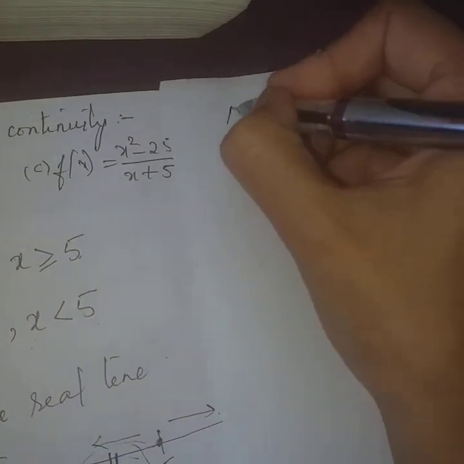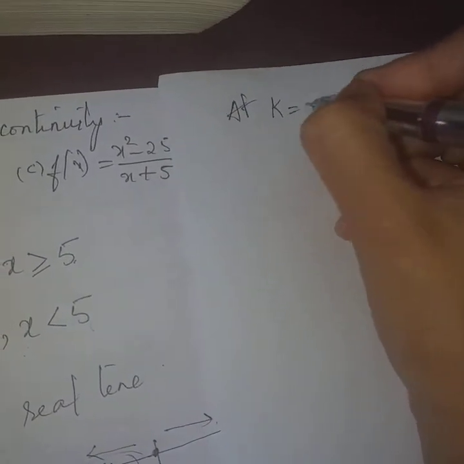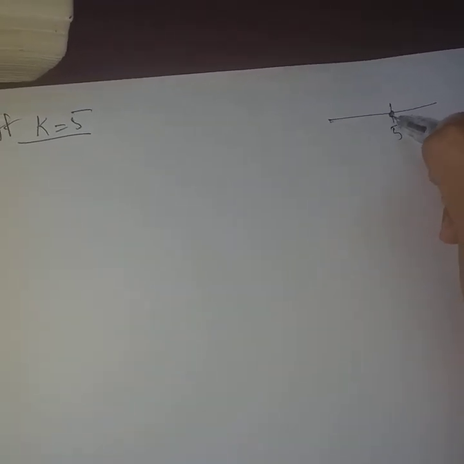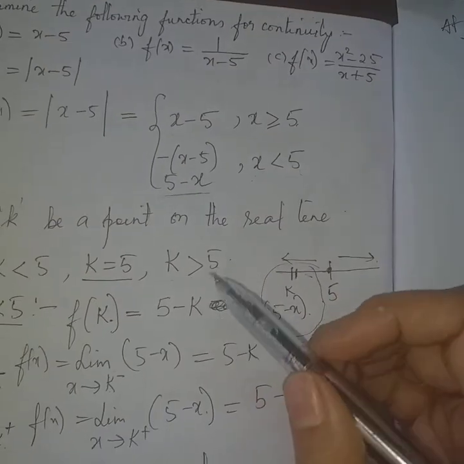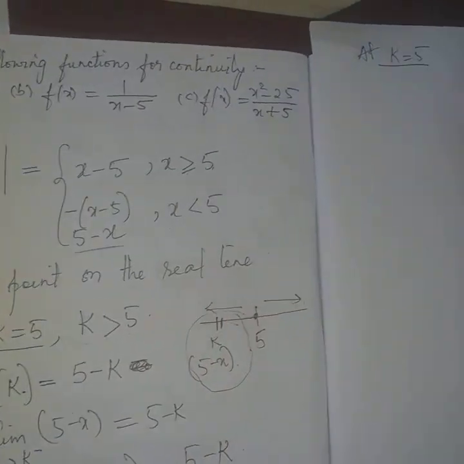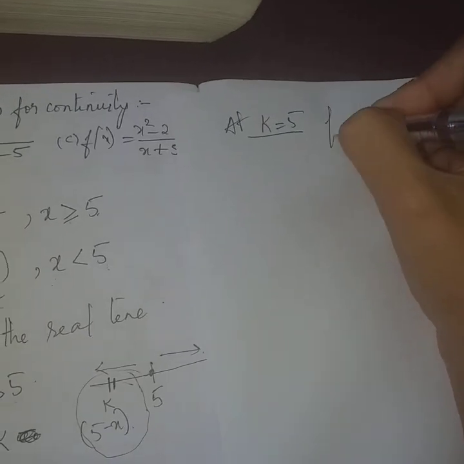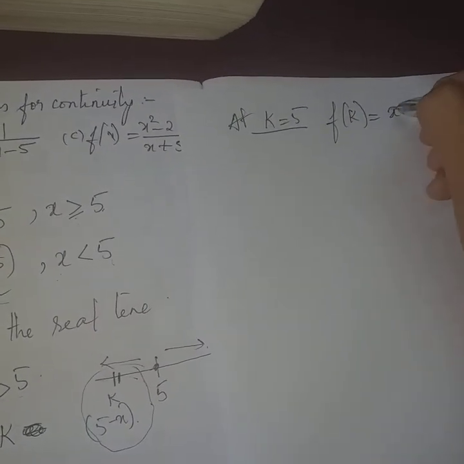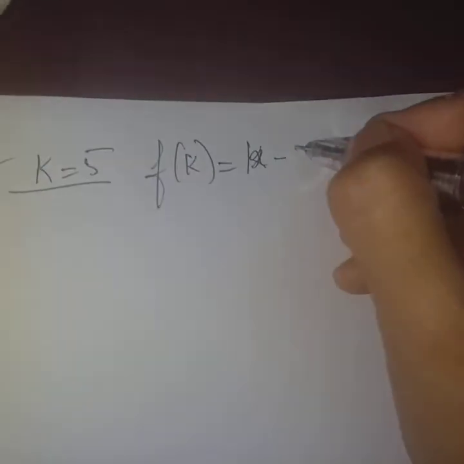At k equal to 5, the value of k is exactly 5. So what is the function here? At x equal to 5, the function is x minus 5, so f of k will be k minus 5.